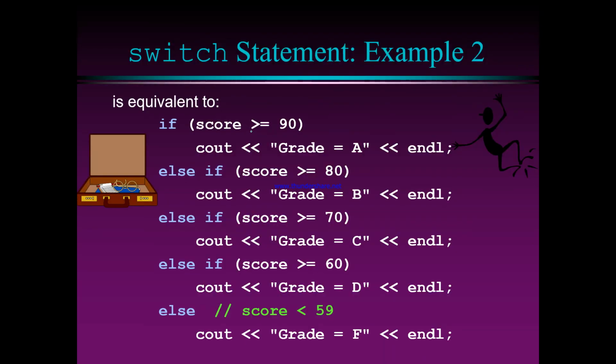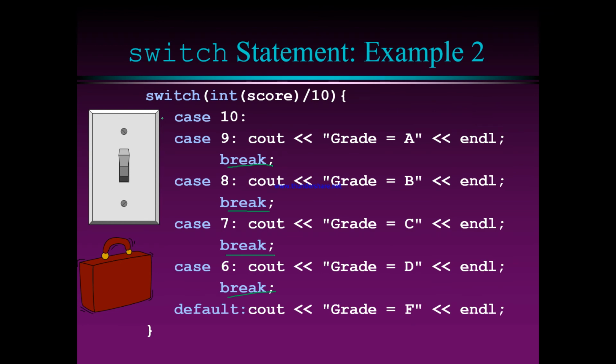So you can see, to understand this whole if-else code for this grading criteria is a bit difficult compared to the switch statement. Switch is very easy to understand in this case.